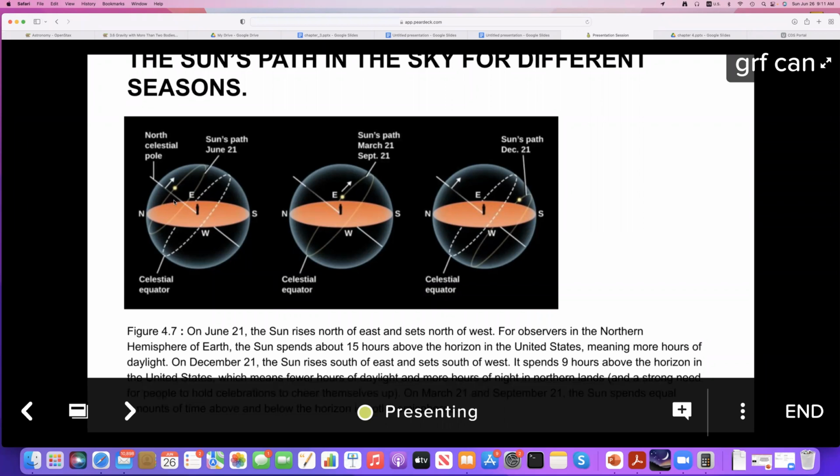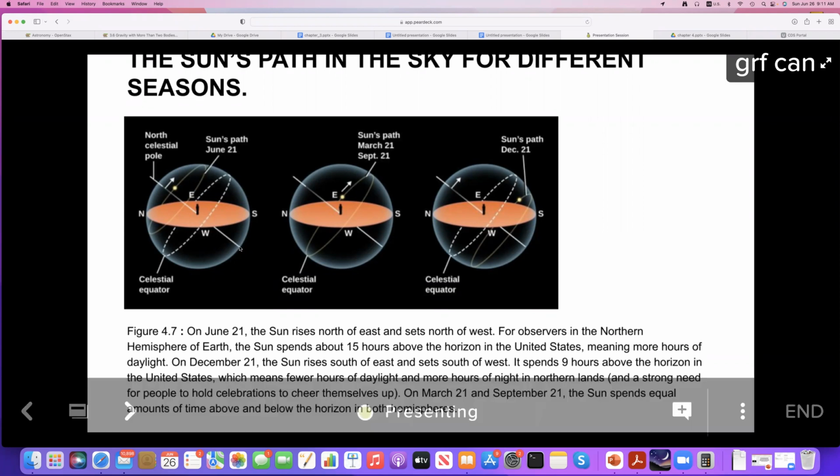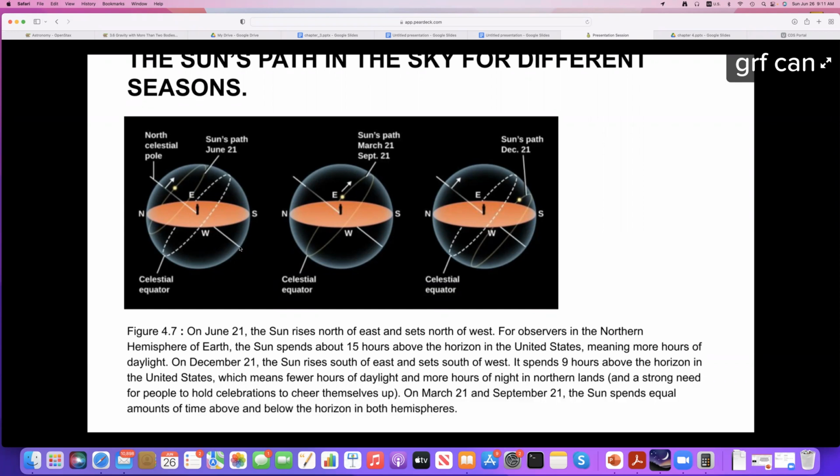And exactly the opposite thing will happen to the people in the southern hemisphere. As you can see here, there will be no sunlight at all for this particular part during the 24 hours, for the southern pole. So there will be villages that sometimes never get sunlight at this particular time.